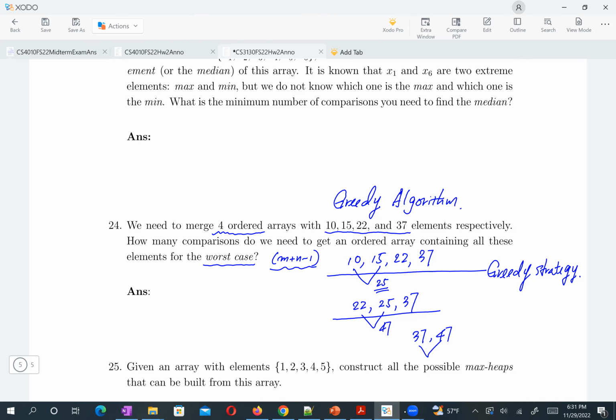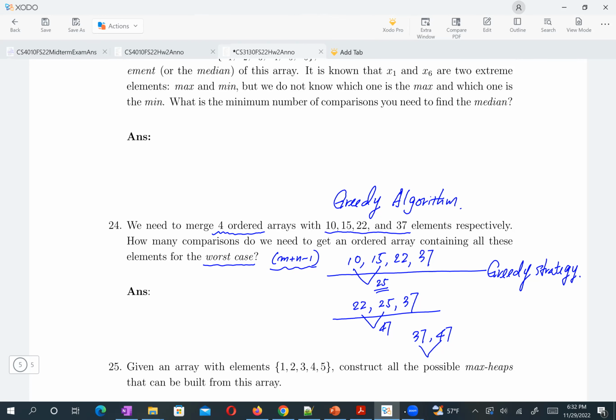So that's the information. You can try the greedy algorithm. For merging 3 arrays, the proof is probably easier, but for four ordered arrays, proving it gives the best solution may not be easy. Here, I just give you information.